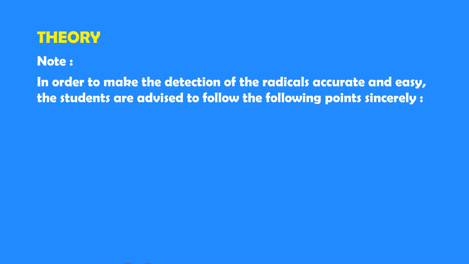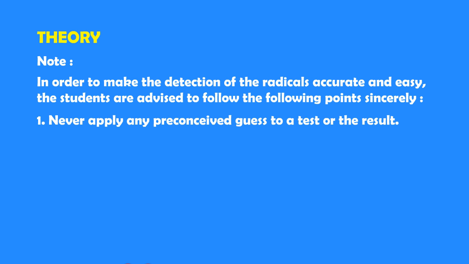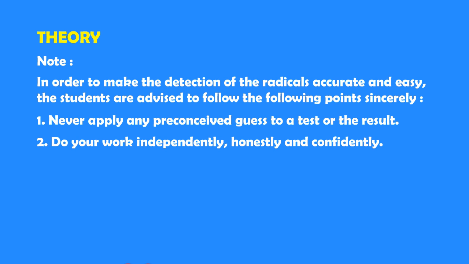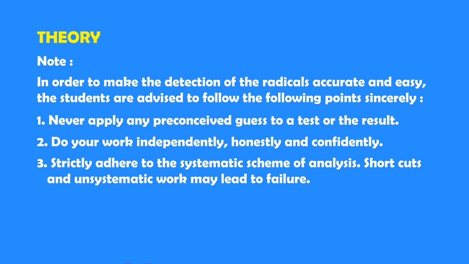Note: in order to make the detection of the radicals accurate and easy, students are advised to follow these points sincerely. Never apply any preconceived guess to a test or the result. Do your work independently, honestly, and confidently. Strictly adhere to the systematic scheme of analysis.